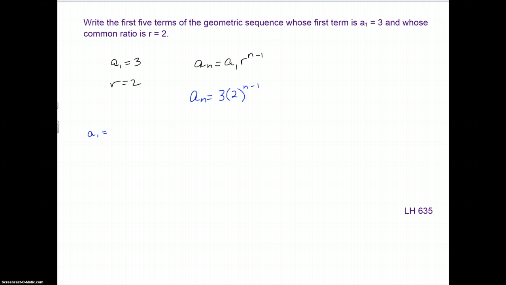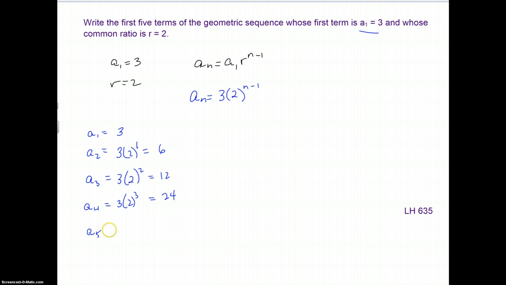a1 is equal to plain old 3. It's given in the problem right there. a2 is going to be 3 times 2 to the n minus 1, which is 1, since 2 minus 1 is 1, equals 6. a sub 3 is going to be 3 times 2 to the second, or 12. a sub 4, 3 times 2 to the third, or 24.